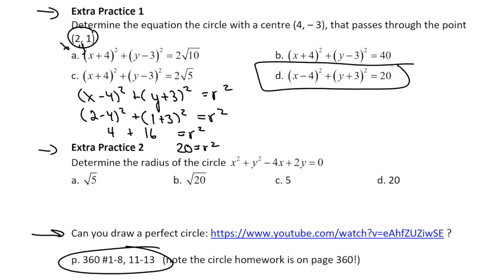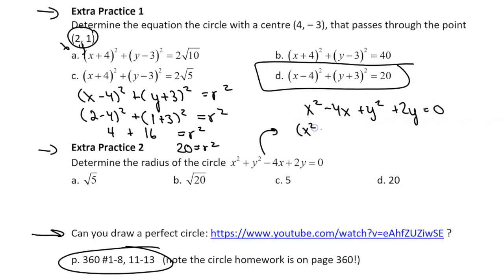Question number 2, determine the radius of a circle that looks like that. Okay, well, this is a good question because we have to complete the square, and it's not super obvious that that's what we have to do. So let's just put it in the order where our x's are together and our y's are together.